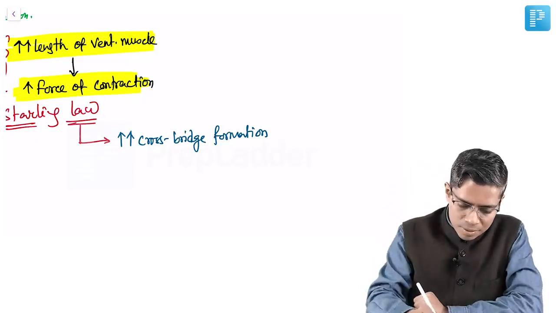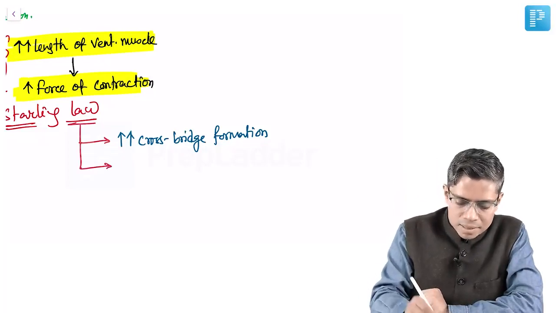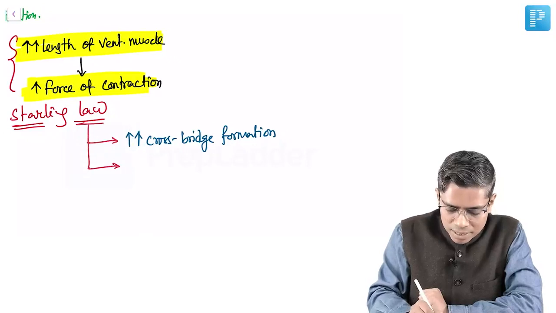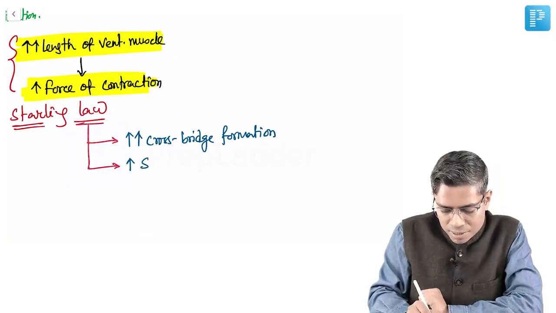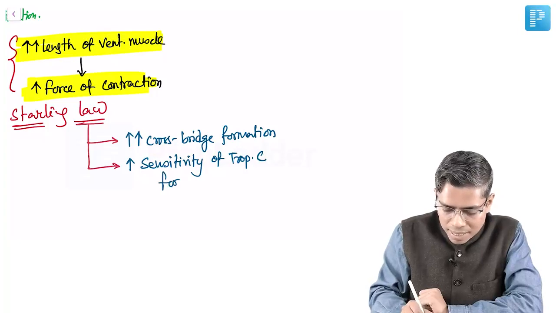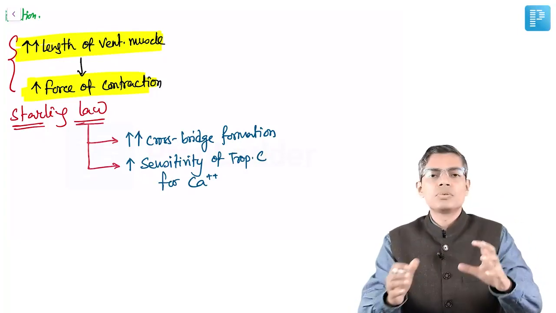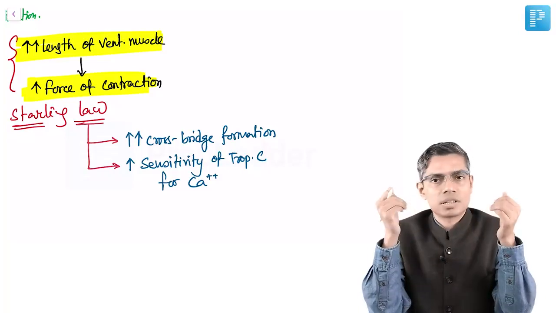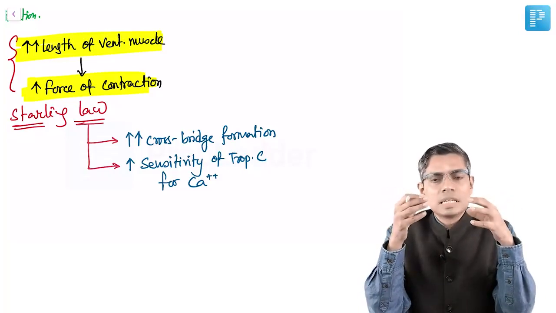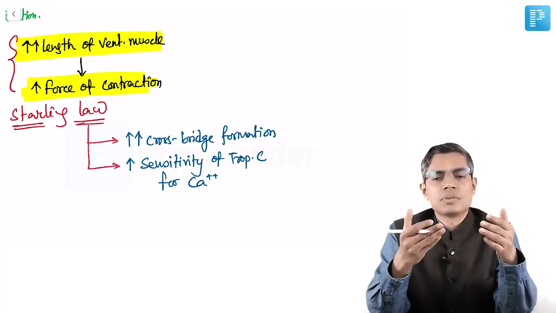Now there is a recent explanation that apart from this number of cross bridges, the second reason for the Frank-Starling law is increased sensitivity of troponin C for calcium. Getting my point? We all know that troponin C is going to bind with calcium and then the contraction will start. So even if the calcium is low, troponin has higher sensitivity towards calcium.